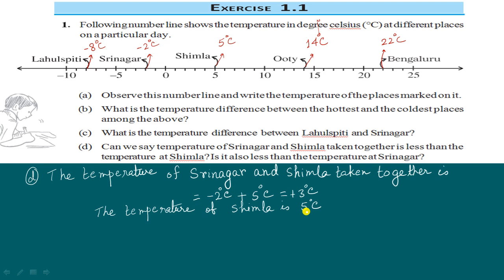Now the question, what is the question? Can you say the temperature of Srinagar and Simla taken together is less than the temperature at Simla? Yes, because 3 degrees centigrade is less than 5 degrees centigrade, right?